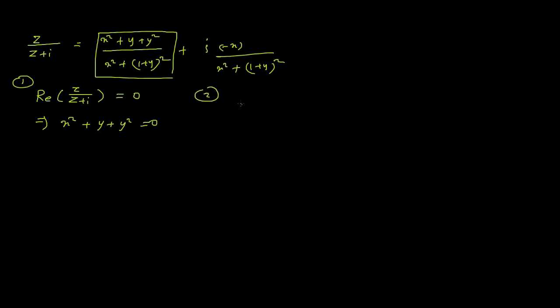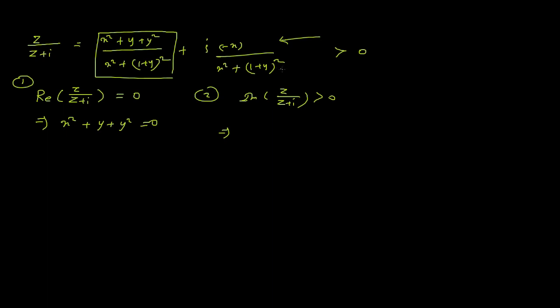Again, according to equation number 2, the imaginary part of z by z plus iota is greater than 0. See the imaginary part. If I am saying this is greater than 0, the denominator is already greater than 0 because that is x square plus 1 plus y whole square.